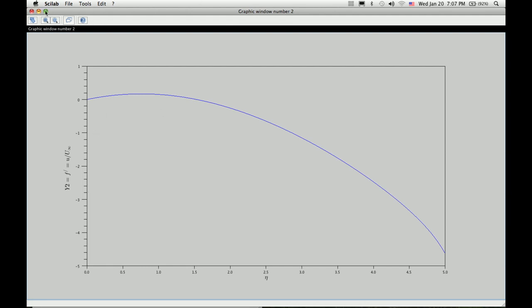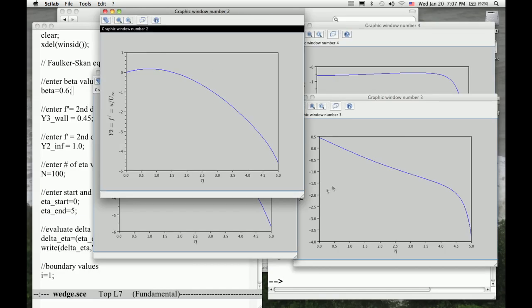Now what I'm going to do here is save this. I'm going to save just this one, and what I'm going to do is change this beta around. Plot several of these and see what this looks like, and how it changes and things like that. So let me save this.